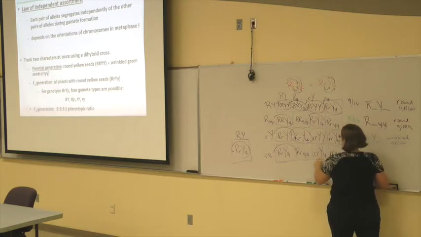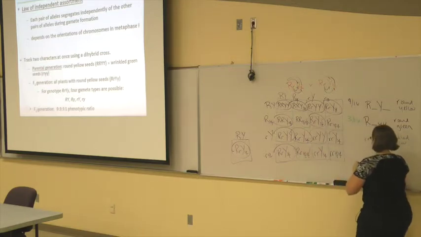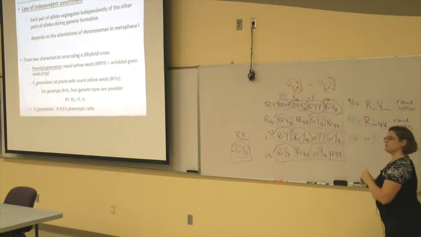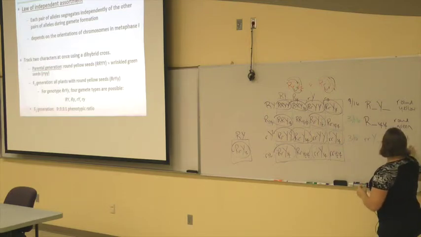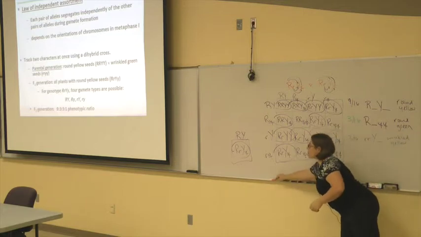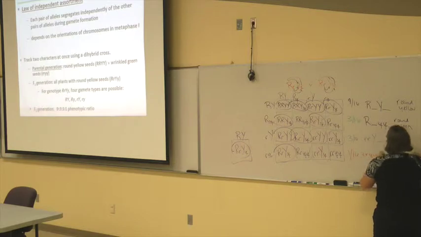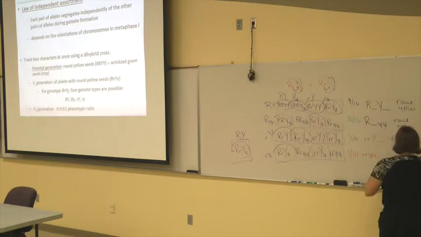How about this one? Yes. So 3 out of 16 have the phenotype wrinkled yellow seeds. And then we have our one lonely one left. 1 out of 16 is completely homozygous recessive for both traits, giving you wrinkled green seeds.